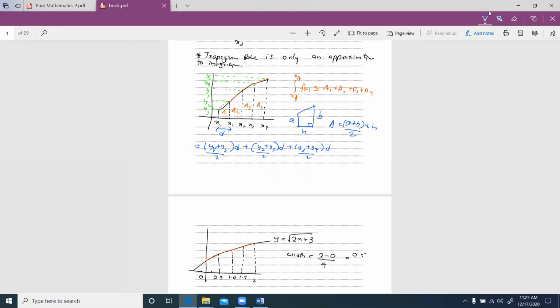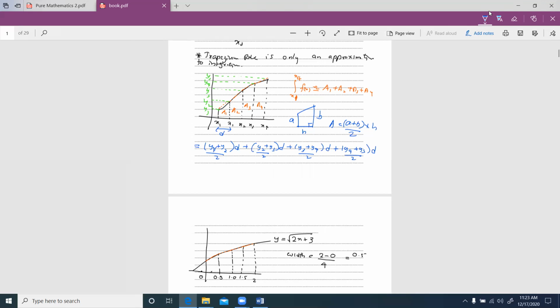Like that, you can work out up to y5. So this is (y4 plus y5) divided by 2 into d.